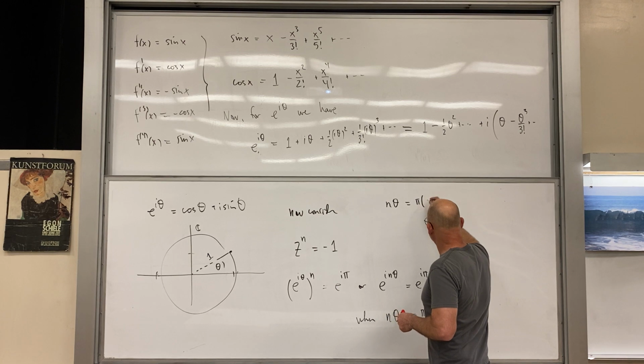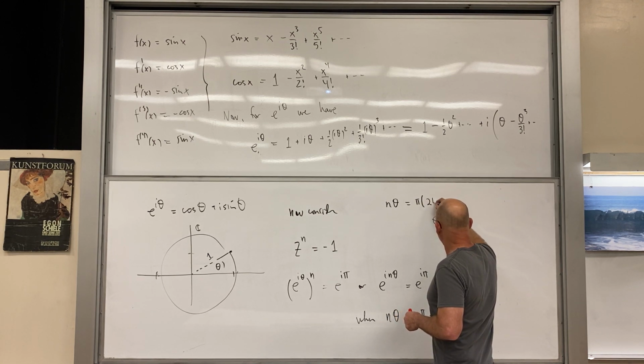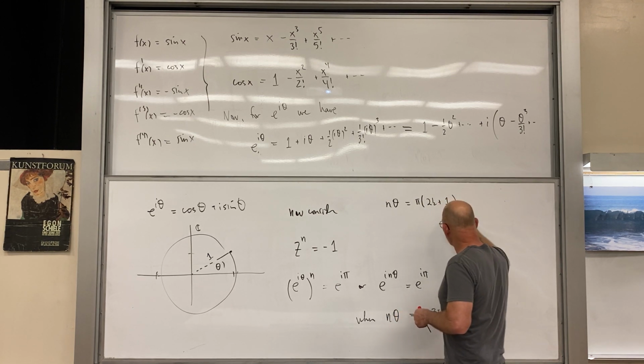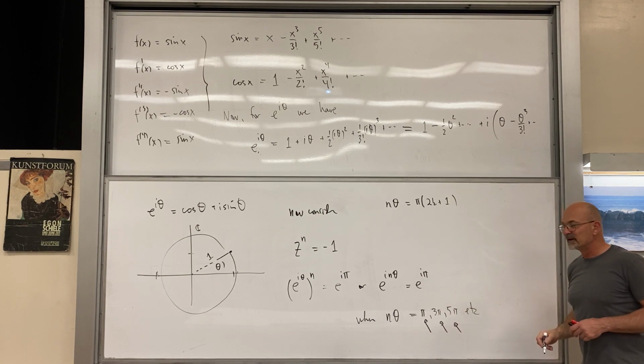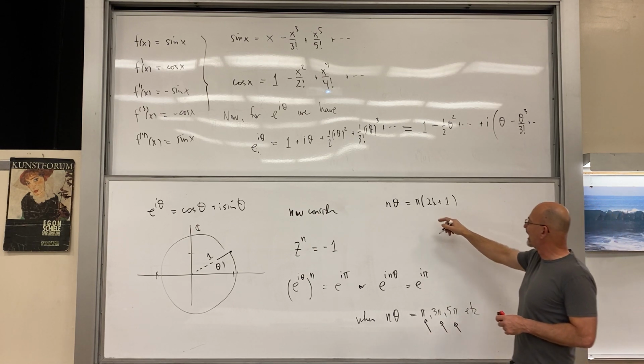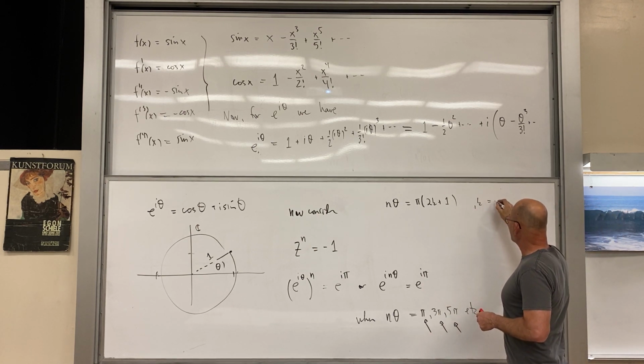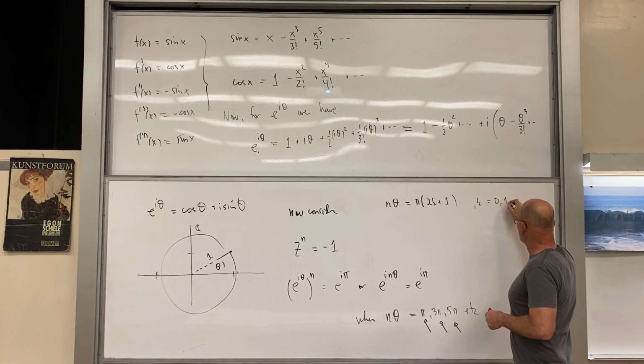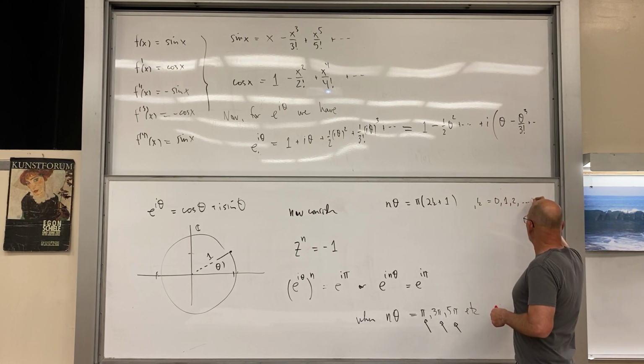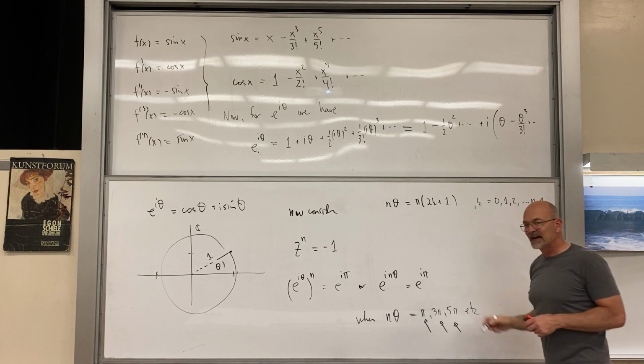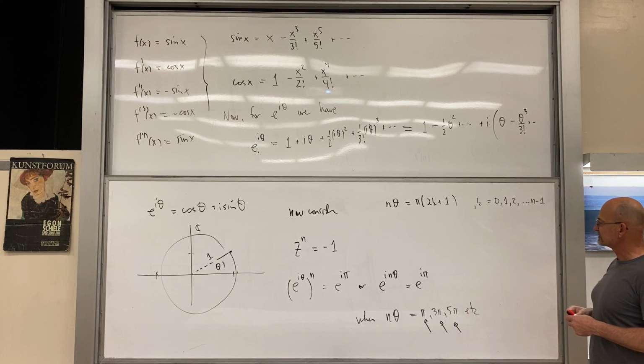So pi times 2k plus 1 is going to do it, okay? Pi times 2k plus 1, k equals 0, 1, 2, all the way to n minus 1. So that's going to do the trick.